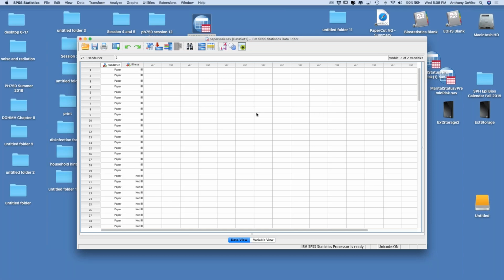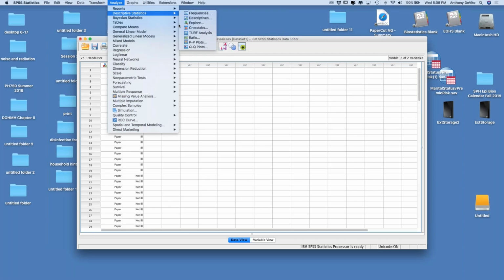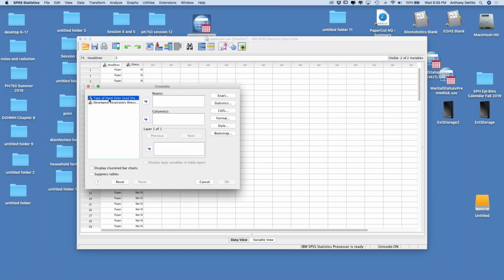So what kind of statistical tests can I use here? Well, first of all, because I know I can create a contingency table, analyze, descriptive statistics, crosstabs, and let's put the type of hand dryer in the rows, and whether a person got a respiratory illness that year in the columns, and let's see what it looks like as a 2x2 table.